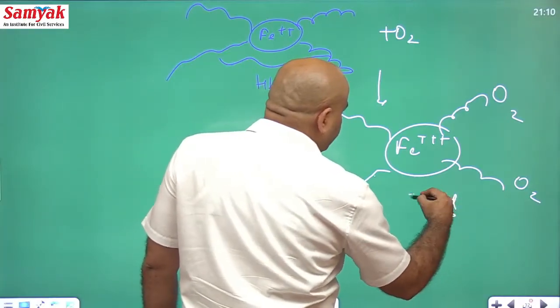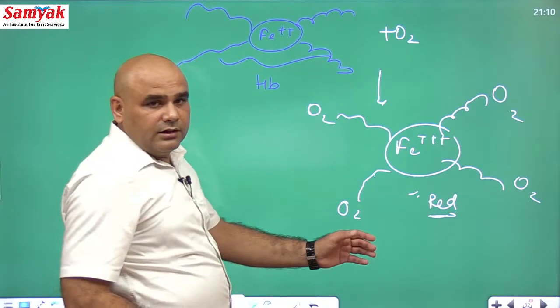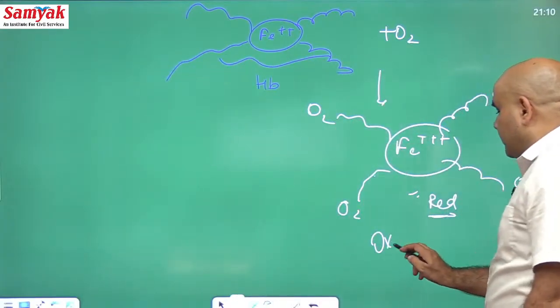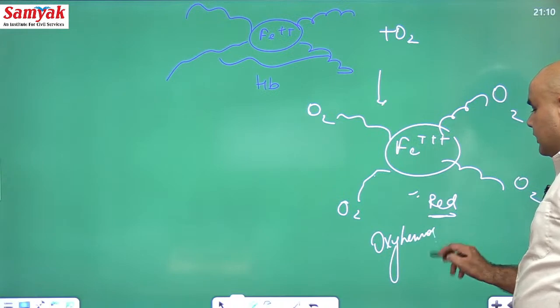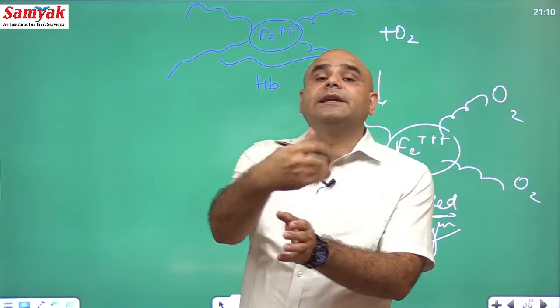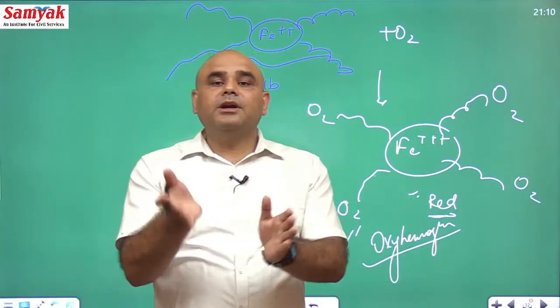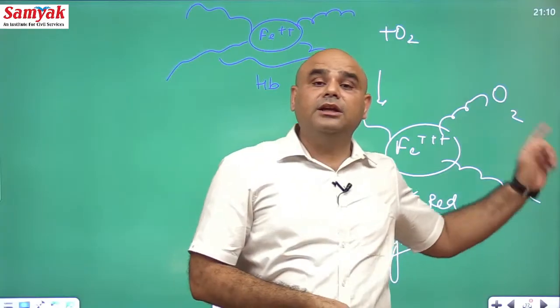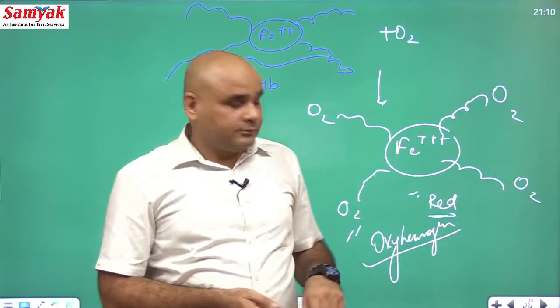Always remember, because of this red color and because of the presence of oxyhemoglobin, our oxygenated blood appears red. So red blood is a result of the oxygenated form of hemoglobin which contains the ferric form of iron.